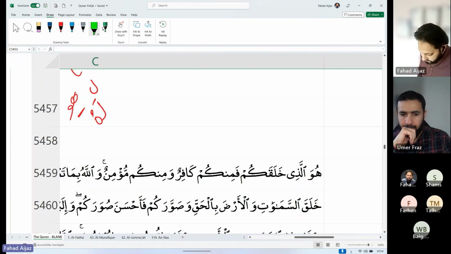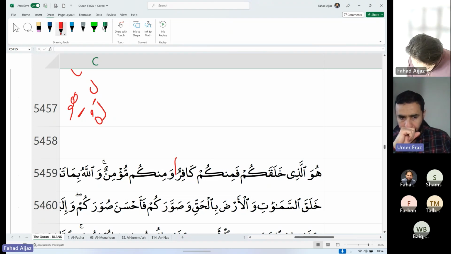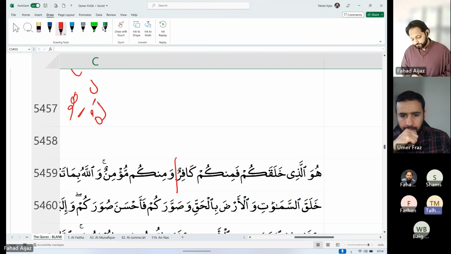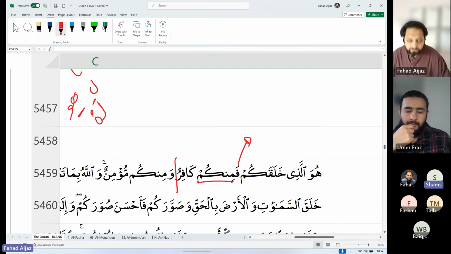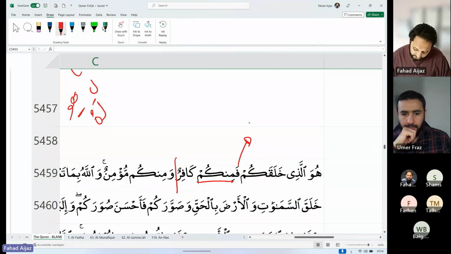Huwa alladhi khalaqakum faminkum kafir. Can anyone spot a jar majroor here? Huwa alladhi khalaqakum faminkum kafir. Minkum. Correct. There is minkum here. See that? Fa is a harf that can mean so, but it can also mean then.